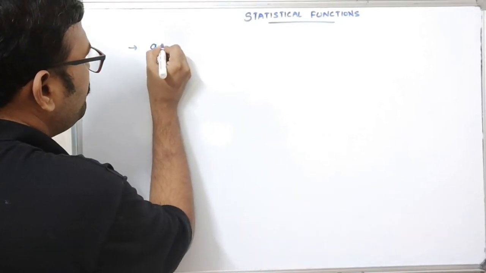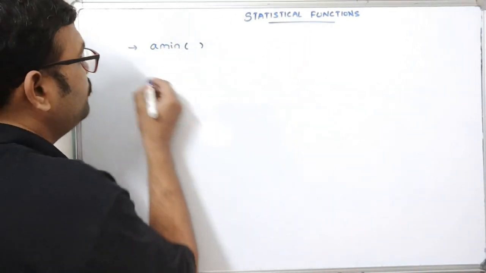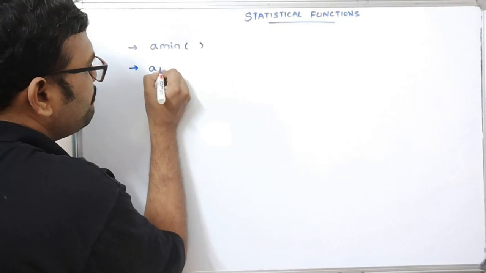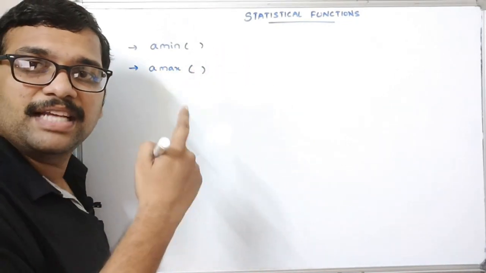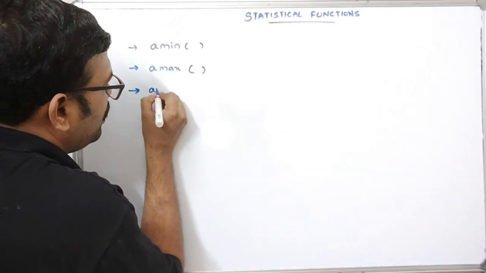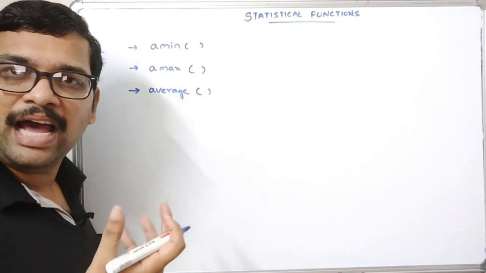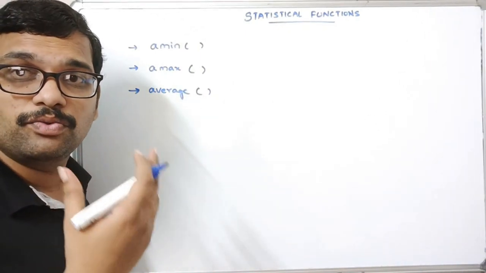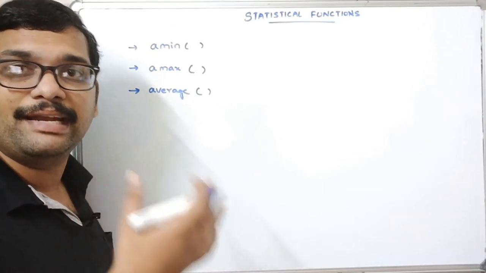So the first one is the minimum function, in order to find the minimum value. Maximum can also be used to find the maximum value. And then the average function. In order to find the average we can use two ways: one is finding the normal average, another is finding the weighted average.